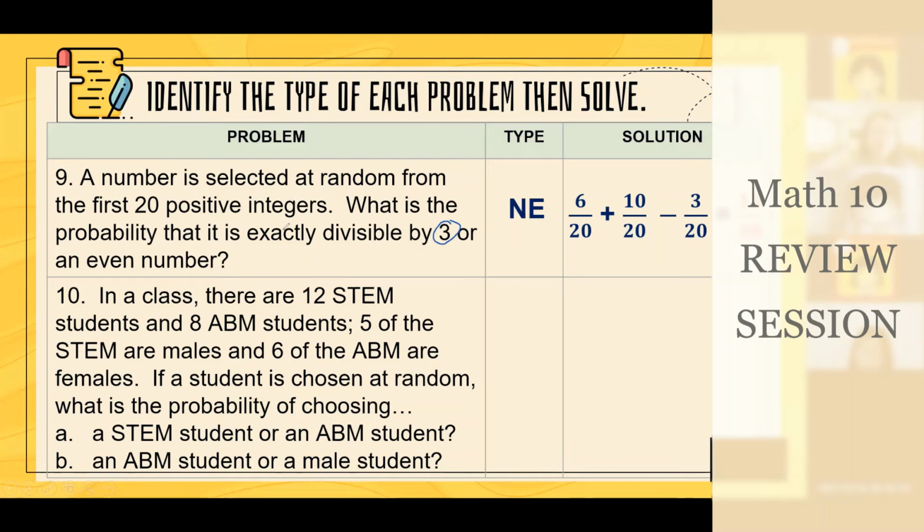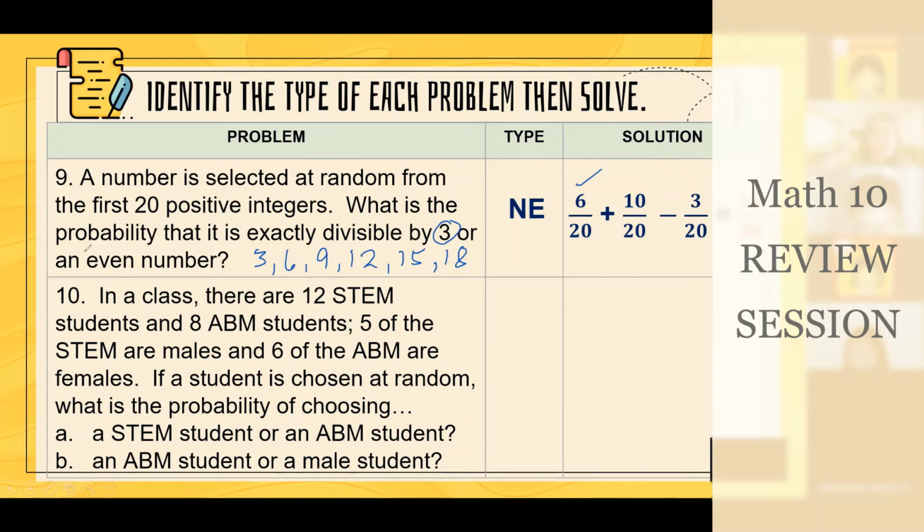So what are the numbers divisible by 3? Let's start. 1, 2, 3 is divisible by 3, 4, 5, 6, 7, 8, 9, 10, 11, 12, 13, 14, 15, 16, 17, 18. So these are the numbers. 1, 2, 3, 4, 5, 6. That's why 6 over 20.